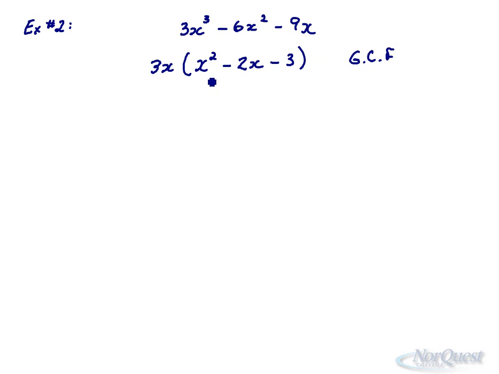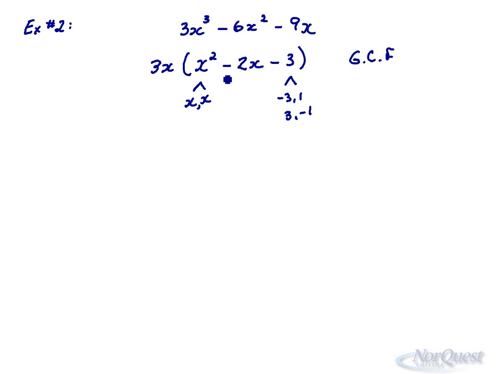notice that the coefficient on the trinomial is 1, so we're back to the type 1 trinomial. So the factors of x squared are x and x. The factors of negative 3 can be negative 3 and 1, or positive 3 and negative 1.